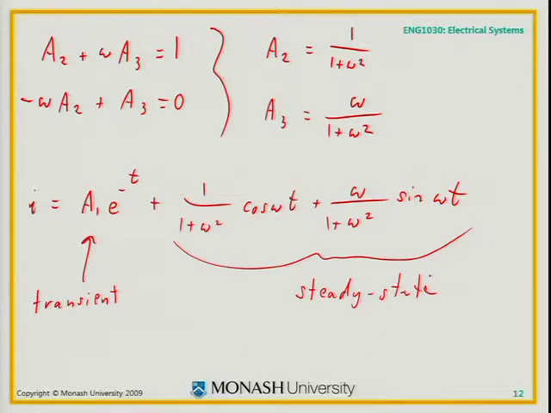Now, that's not the form I want it in, because I want it as something cos omega t plus something, so a phase. I want an amplitude and a phase of a sinusoid. I don't know it yet. It's something cos plus something sine. So then your trigonometric identities come into play. So I'm just interested now in the steady state solution.